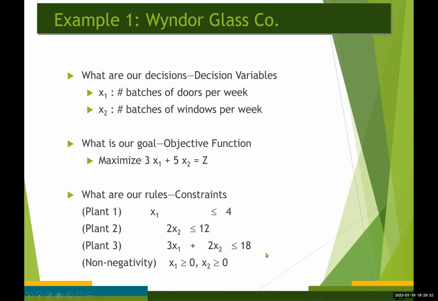So combining everything together, the objective function, 3 constraints, and the sign restrictions, this is the complete LP model for our Window Glass example problem. It's very easy, right?